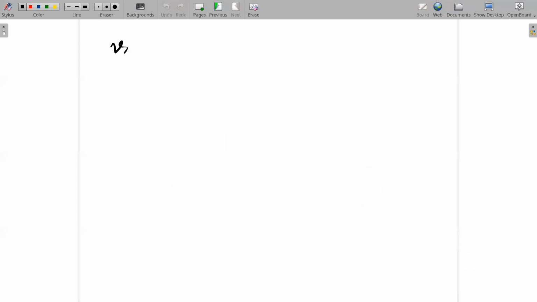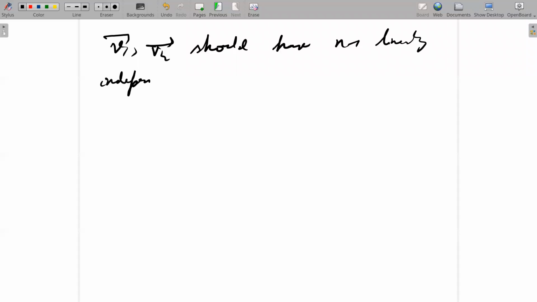So let me write: v1 and v2 should have n-1 linearly independent tight constraints in common.